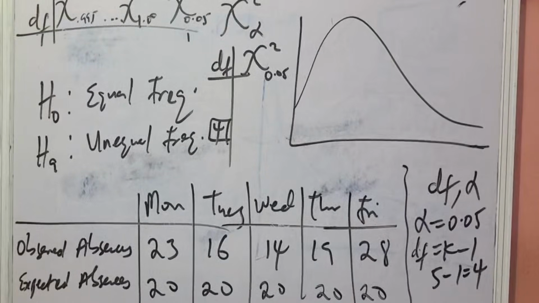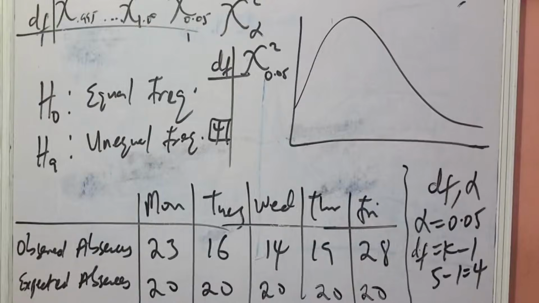You're supposed to follow through on what we're doing. What was your critical value? Guys, what's the critical value? You have a degree of freedom of 4 and a level of significance of 0.05. If you check it right there, I can see a value of 9.488.